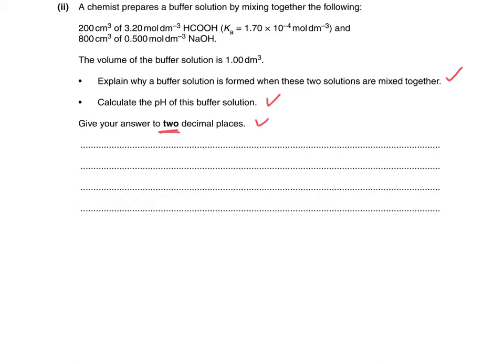Right, so step 1, explaining why the buffer solution is formed. I'm going to write out the equation. So our weak acid will react with sodium hydroxide to make a salt.